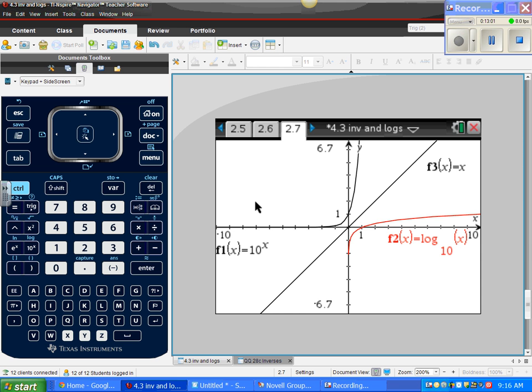What do you notice about that red curve, the log base 10 of x? Not in relation to anything else, but itself. We always move left to right. It does not touch the y-axis. Excellent. It never touches the y-axis. Why?